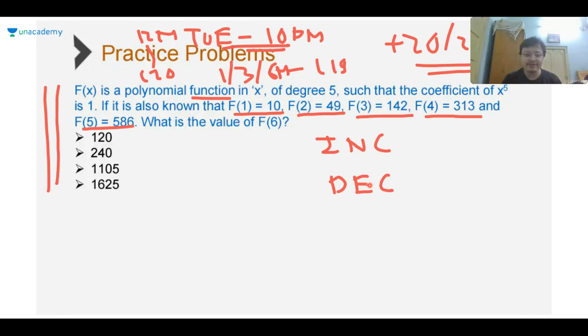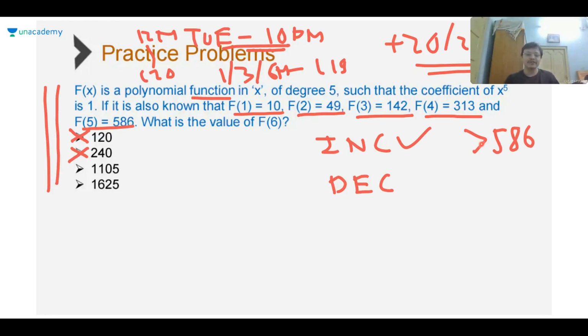Anybody? It obviously is an increasing function because all the values are going up, which means the answer will be greater than 586. So eliminate options A and B.